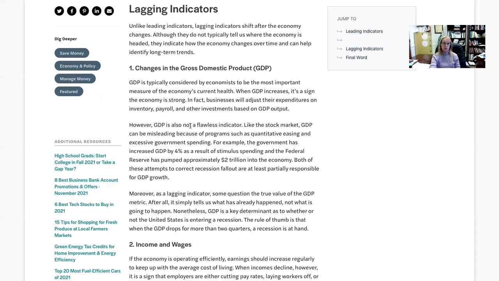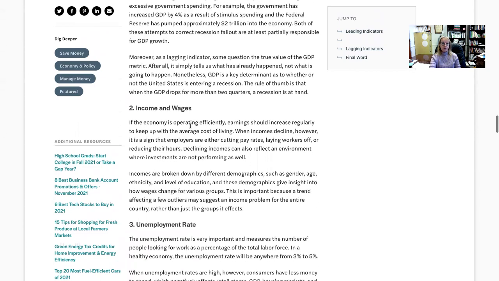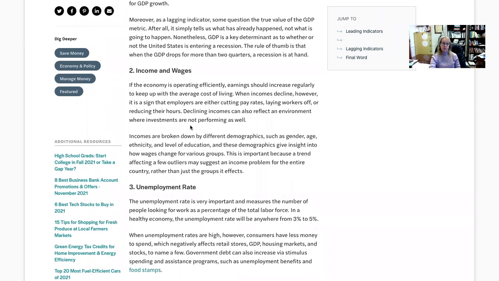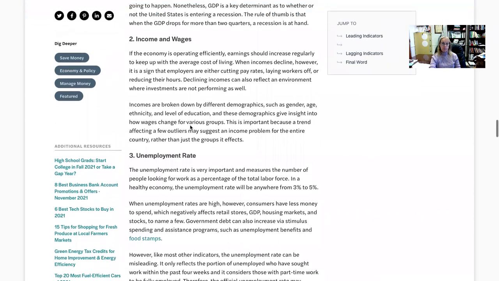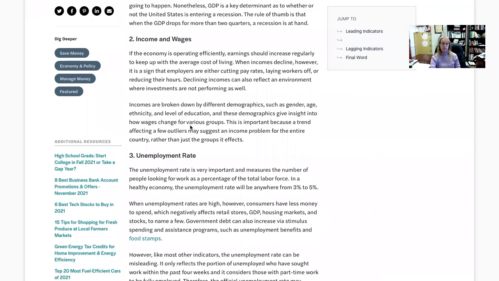So definitely look at the growth in GDP. You should look at the quarterly growth, you should look at the annual growth, and so forth for GDP. Income and wages, self-explanatory, being a positive sign if income and wages are up.